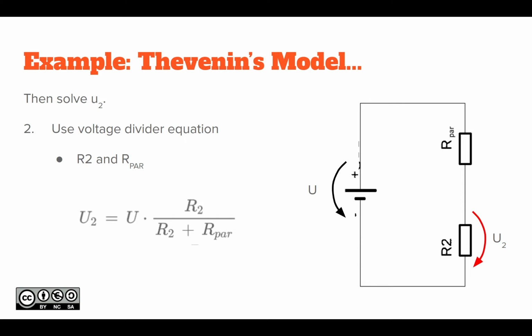For the analysis, we can turn it off, meaning we set U equal to 0. The internal resistance of a voltage source is very small, so ideally the internal resistance is 0.